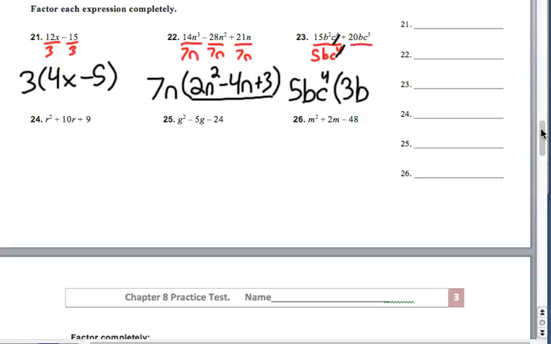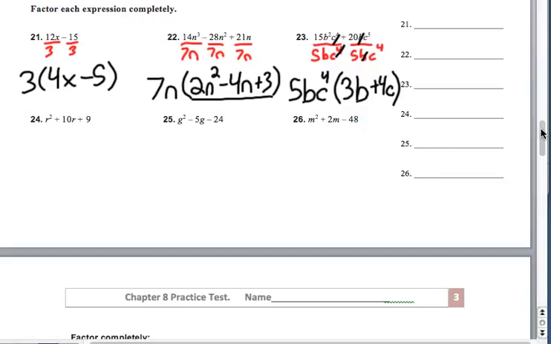Then, of course, again, pulling that out of the other term. 20 divided by 5 gives me 4. b divided by b is gone. c to the 5 divided by c to the 4, 5 minus 4 leaving me with just c to the first. So remember, here you can pull out the smallest exponent of each variable that you see.